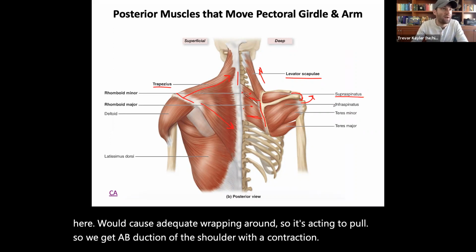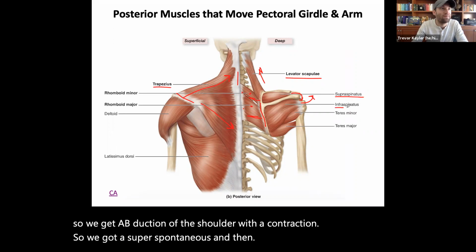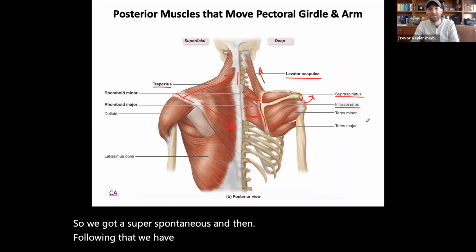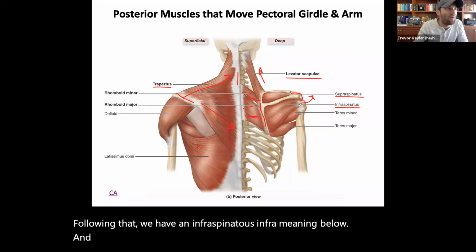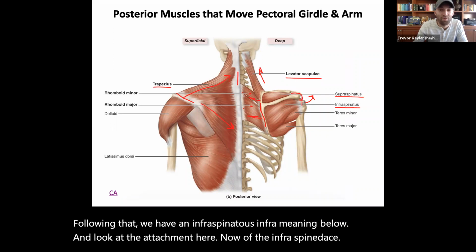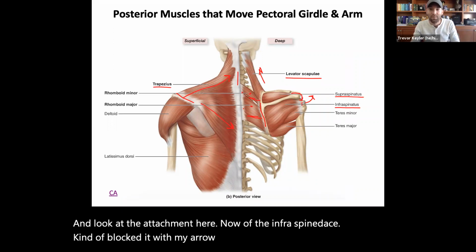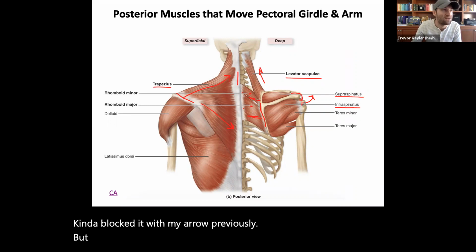So we got a supraspinatus, and then following that, we have an infraspinatus. Infra meaning below. Okay. And look at the attachment here now of the infraspinatus. Okay. Kind of blocked it with my arrow previously. But where it inserts, it's located a little more anterior. It's not completely on the posterior side of this.